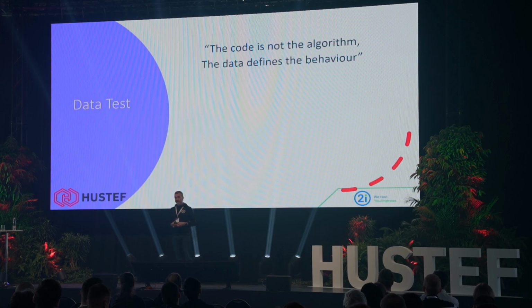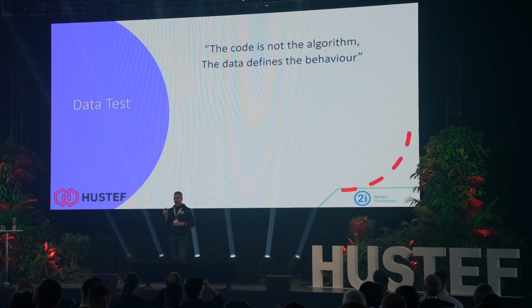And that leads nicely into data testing. Because the code is not the algorithm, we need to be very aware of the data that we're using within it. And that needs to be tested. And this is where we get some new skills that we have to consider, because we have to think about the different areas.